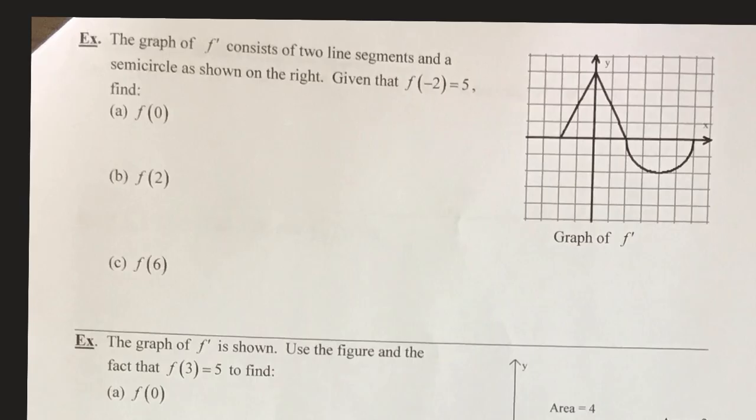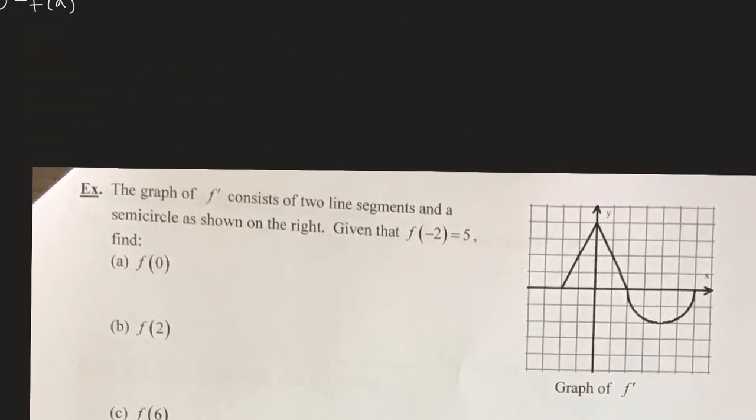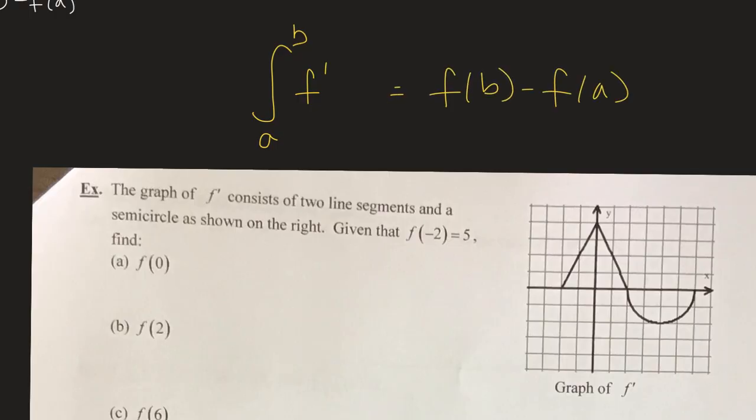So here we have a graph of f prime, right? This is our derivative, and we're asked for things about f, right? So this is your classic case where we're going to be taking the antiderivative using our fundamental theorem. The fundamental theorem from a to b of your derivative function is f of b minus f of a.